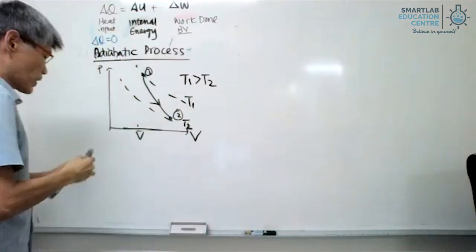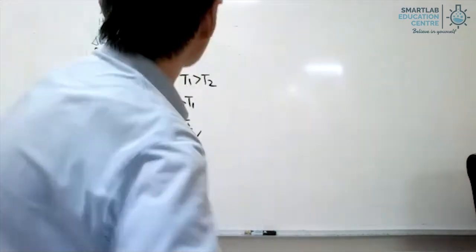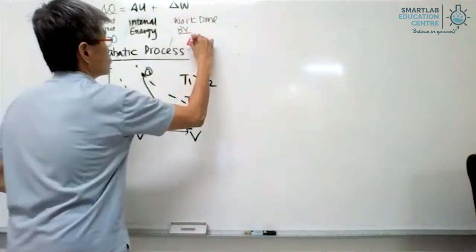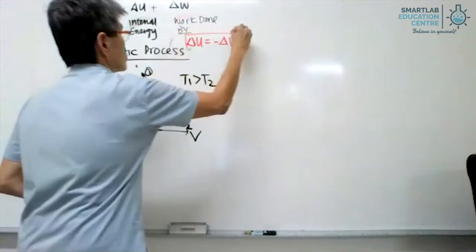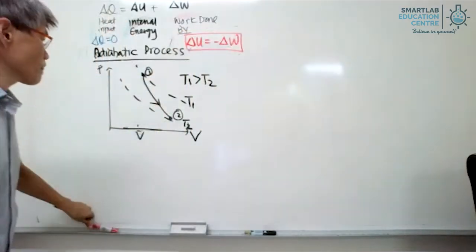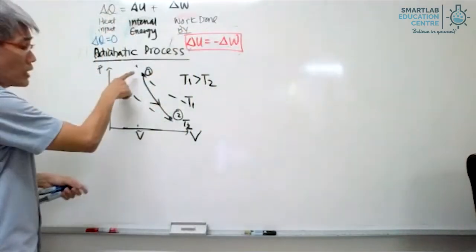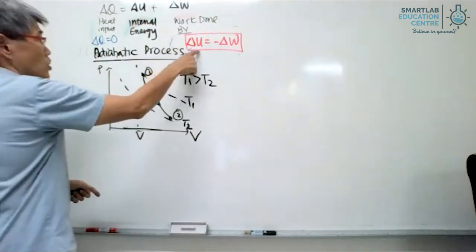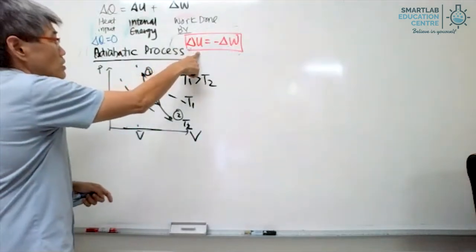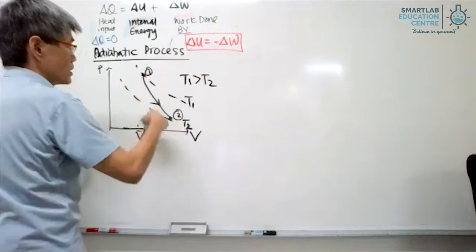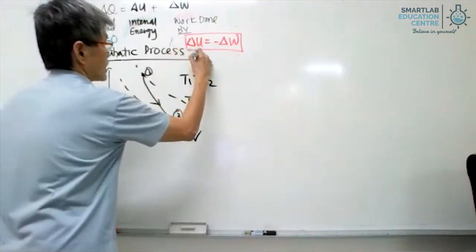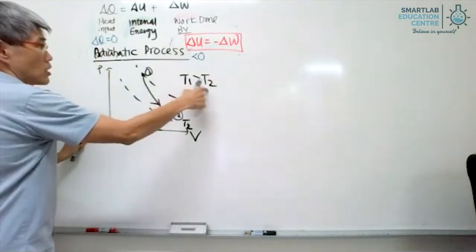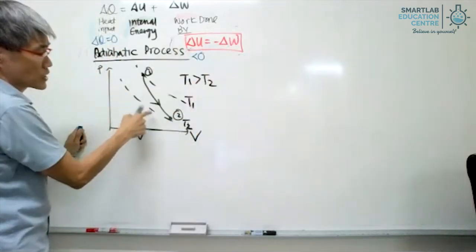Which means if you look at the expression, you will find that your change in U is equal to minus change in W. All right. As evident in this question, you can see that your change in U drops. So in the process of 1 to 2, this change in U is less than 0, because the temperature decreases from T1 to T2.